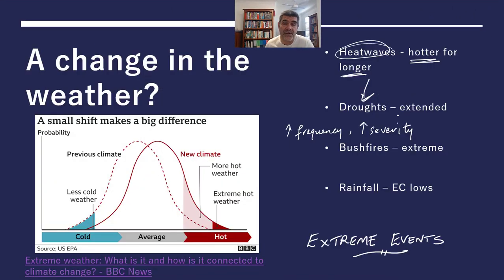Both of these is particularly concerning. If we're getting droughts more often, that's worrying. If the severity of the droughts is greater, that's more worrying. But if we're getting more frequent and more severe droughts, they can have a very, very big impact on all of the living things in those areas, including humans.